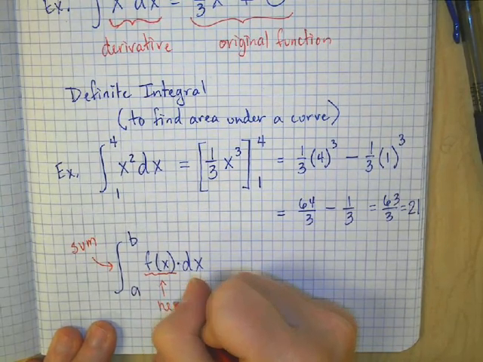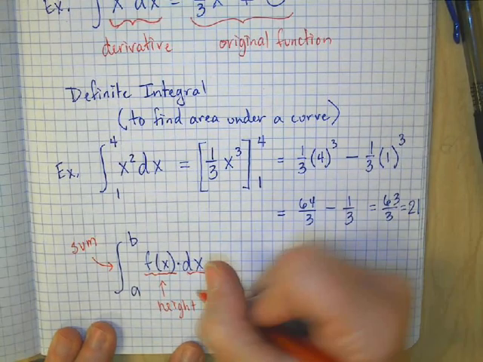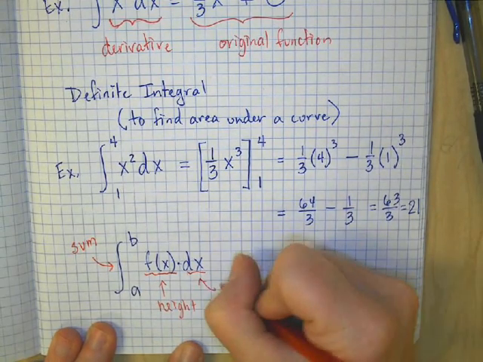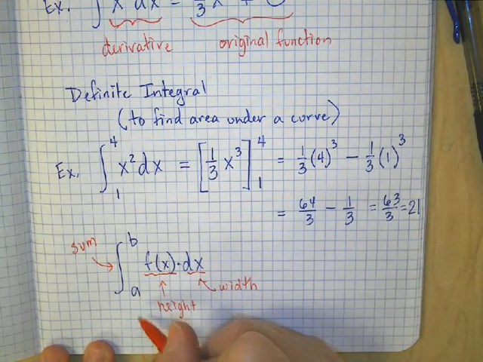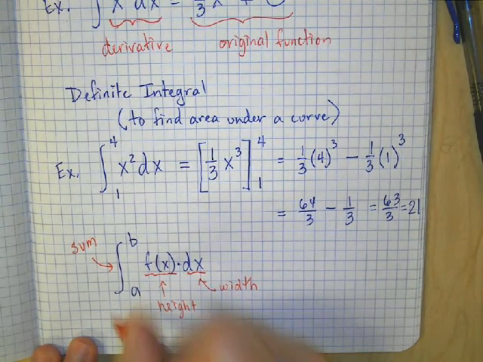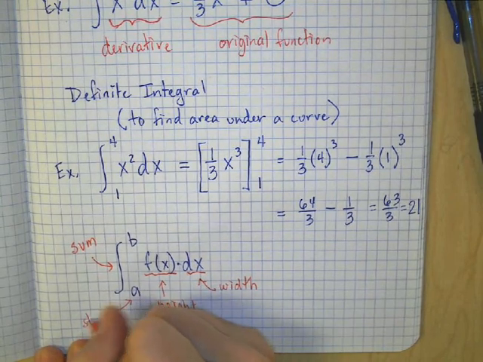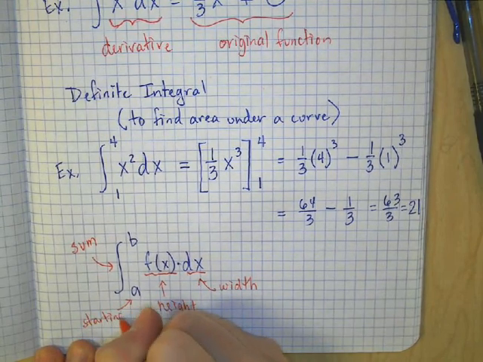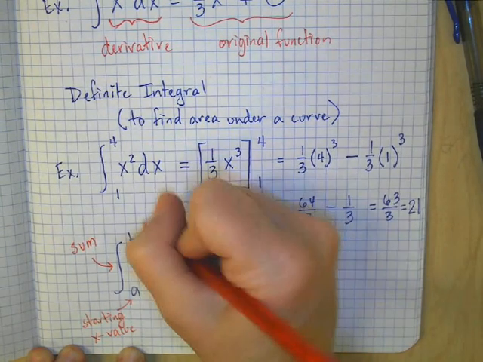And the dx, this was the width of each of the rectangles. And then this is our starting x value, so where we're starting on the x-axis. And this is our ending x value.